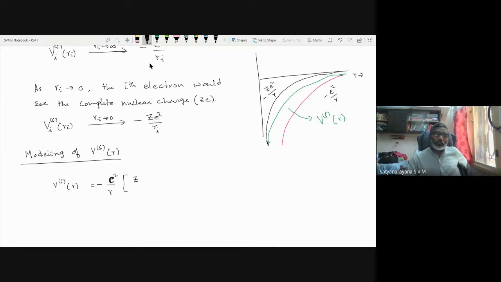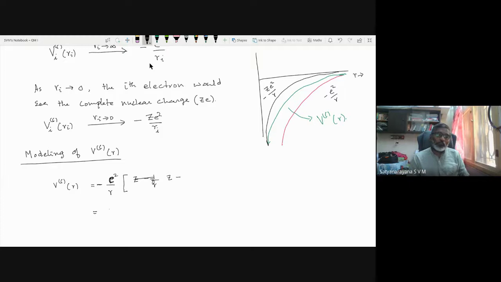So essentially what I'm trying to do is interpolate this.